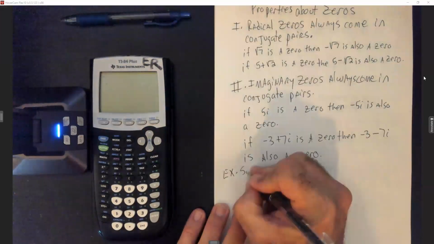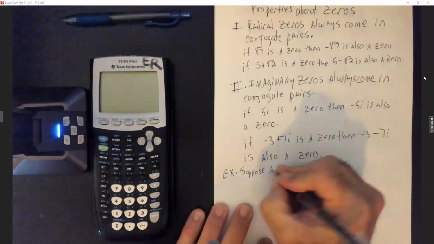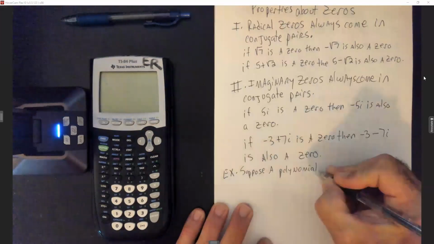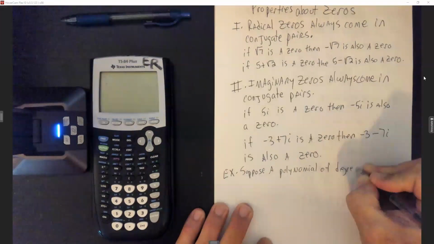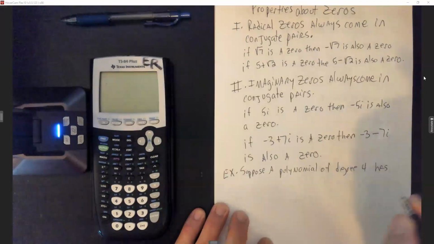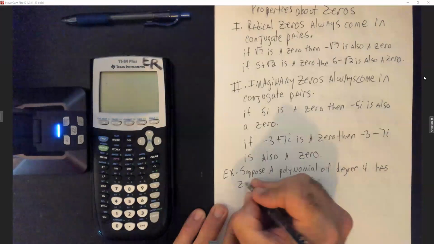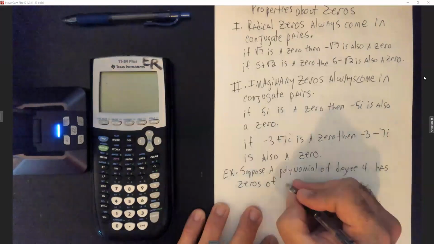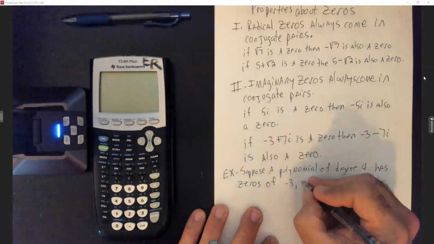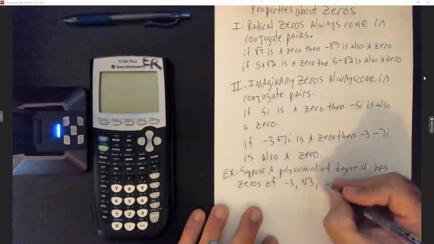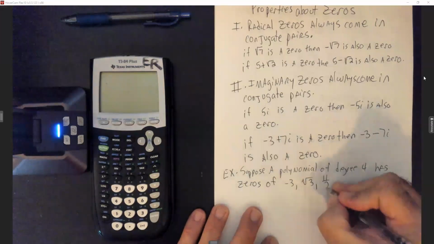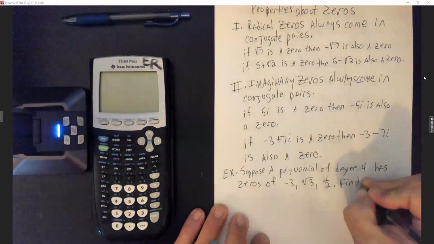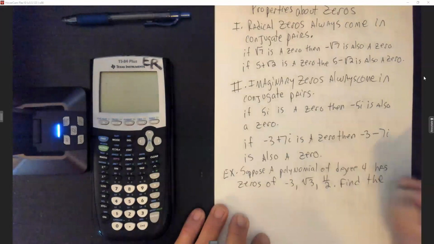Suppose a polynomial of degree 4 has zeros of -3, square root of 3, and 11/2. Find the other zero.